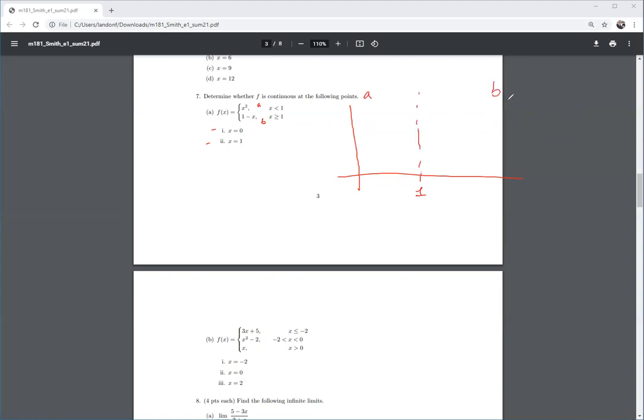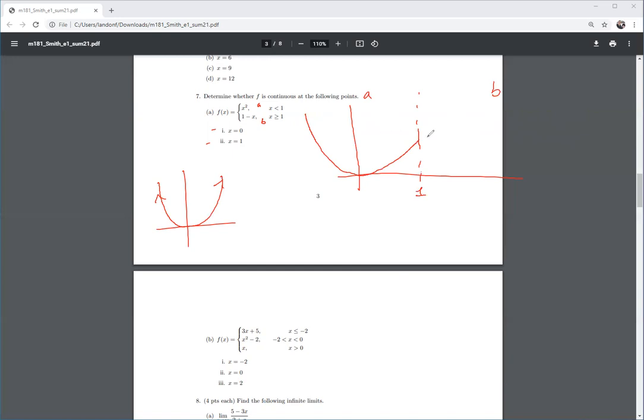Function B is over here. All right, let's start with the left. It's the square function. The square function looks something like that, right? We're just going to draw that function just like we would normally, and then we stop as soon as we hit this line.